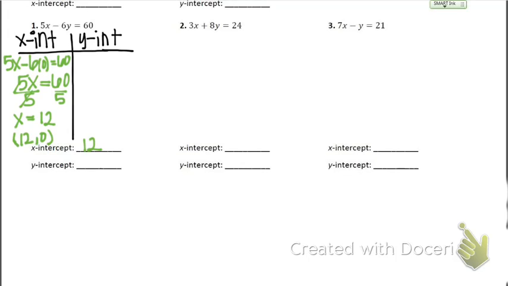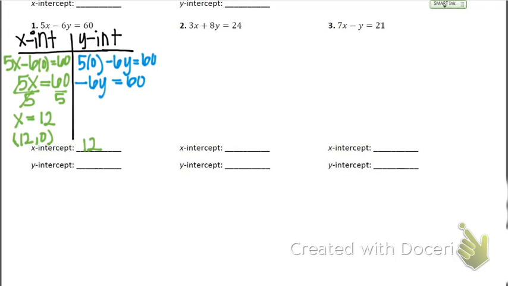Let's do the y-intercept. The y-intercept is where x equals 0. So that's 5 times 0 minus 6y equals 60. Okay, here's where I want everybody to make sure you are paying attention. 5 times 0 is what? 0. So 5 times 0 is 0. It goes away. What is left? Negative 6y equals 60.